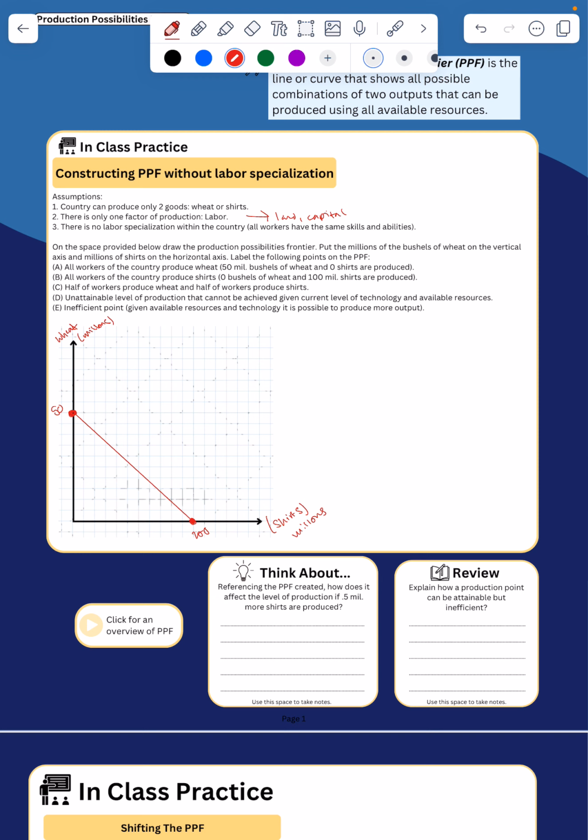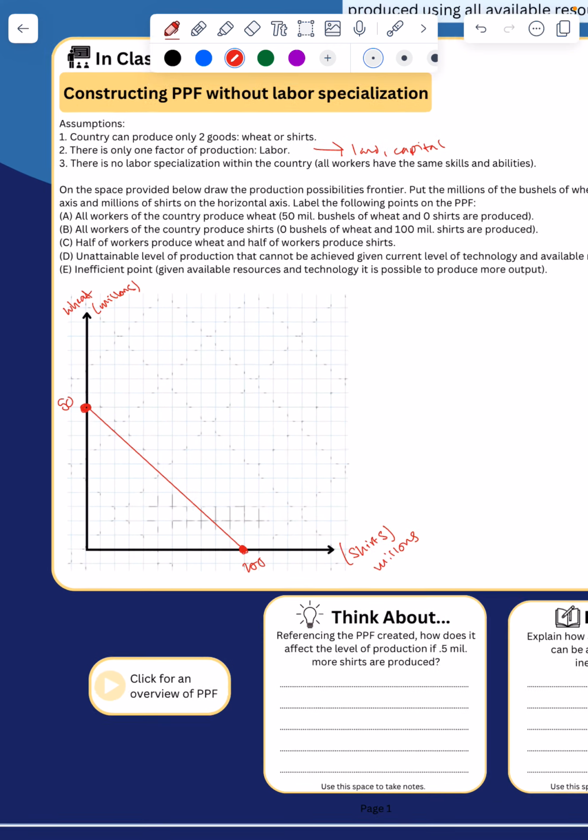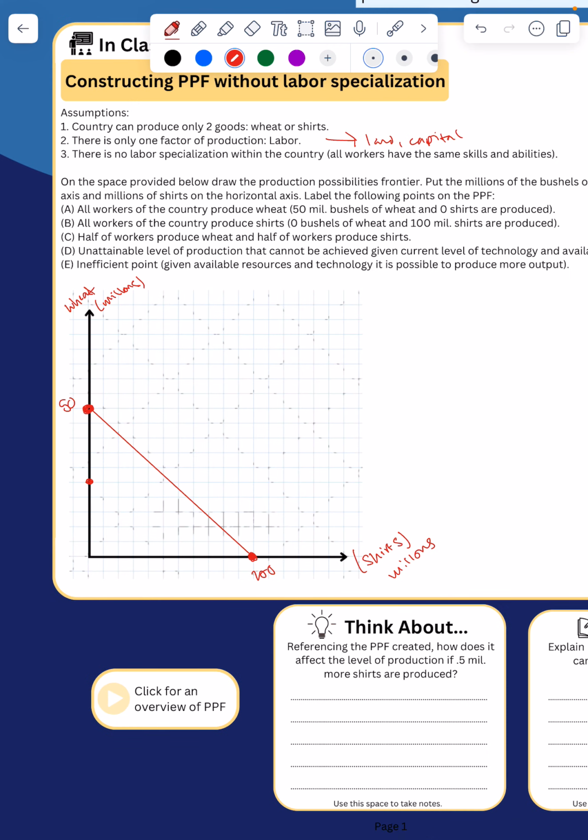So now we move on to point C, which is half of the workers produce wheat and half of the workers produce shirts. So in order to find those 2 points, we would take the number of bushels of wheat if every worker produced wheat, and we would divide that by 2, because half of the workers are producing wheat. So that would be 25. So we would come right here.